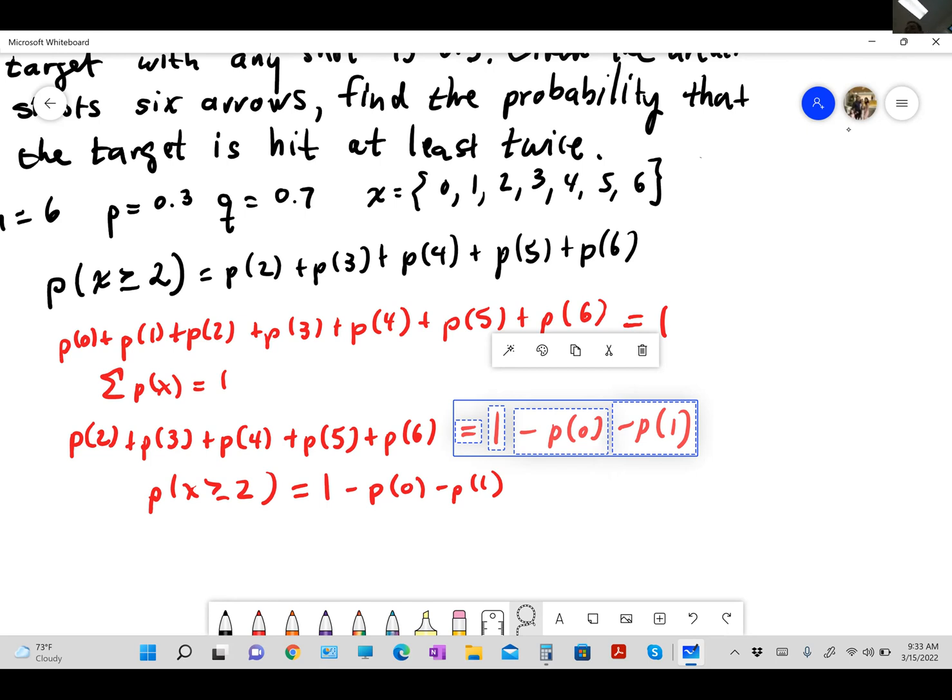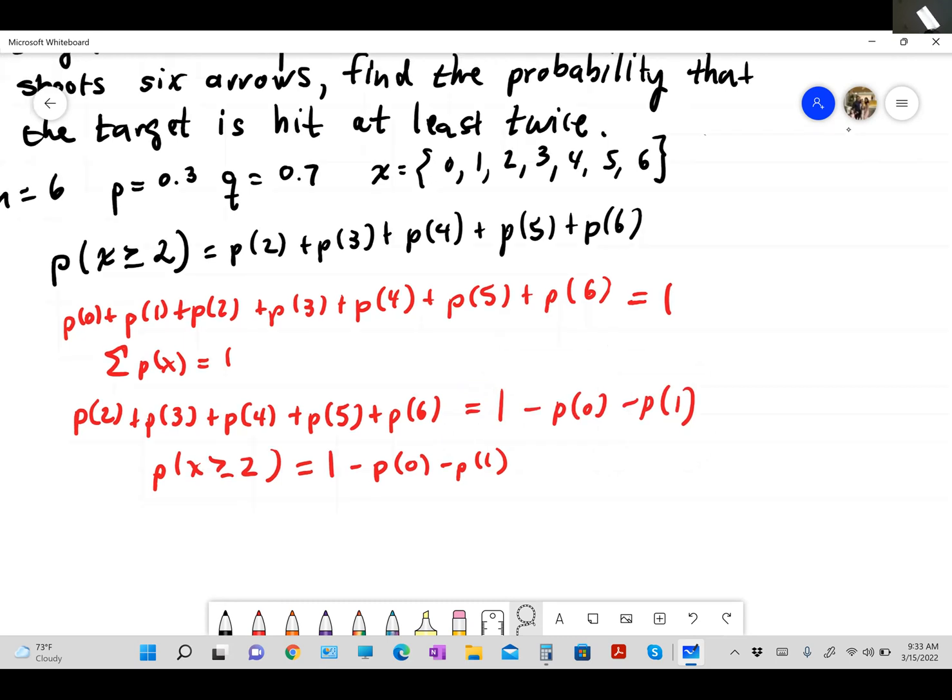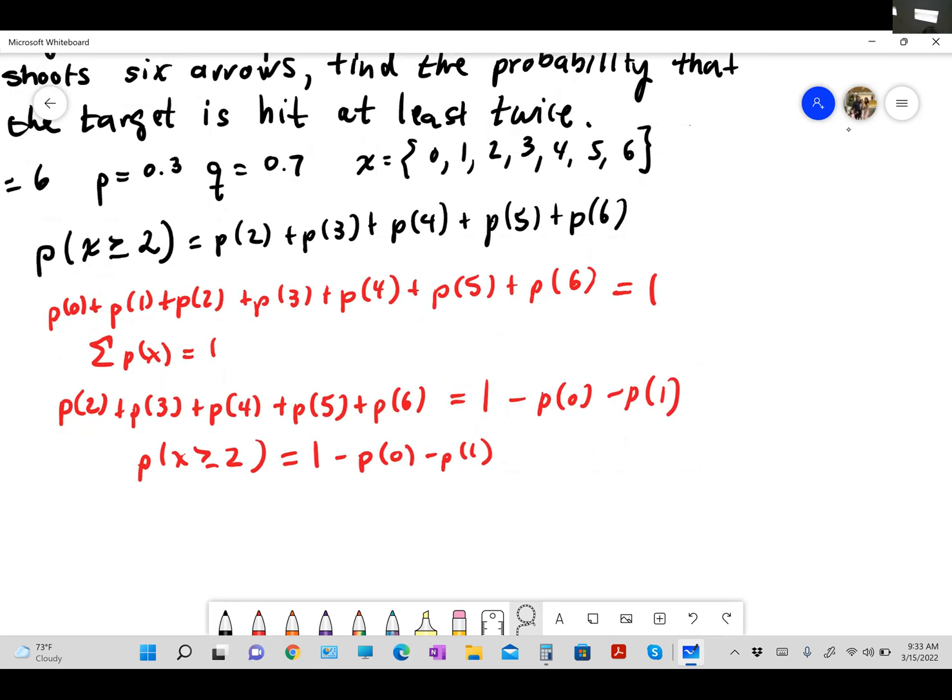So the final answer would be whatever that computes to. As far as I'm concerned, this is right, but of course we want some numbers, right?